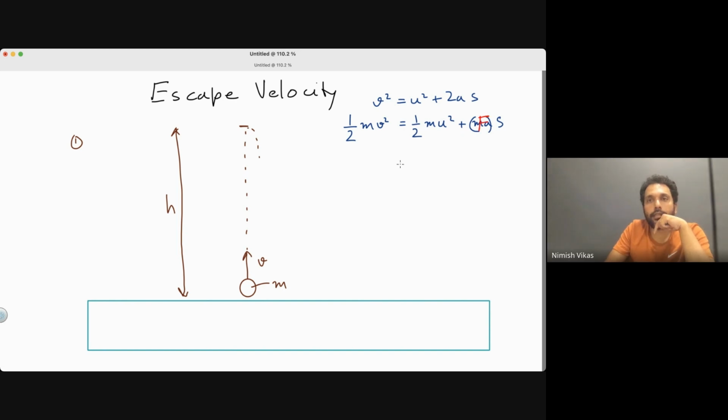So it simply says that the kinetic energy would have changed from half m u squared to half m v squared, and the difference, the increase in kinetic energy, would be if you have done work. Work is F into x, the work done, right?